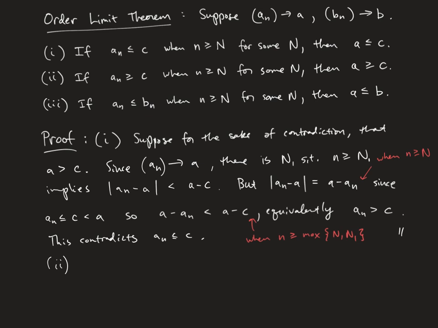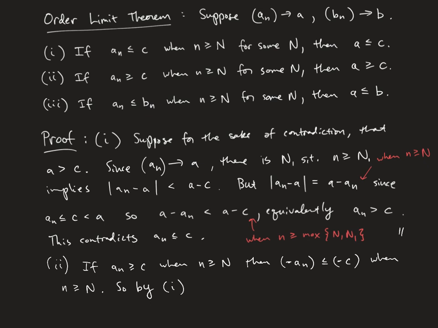If a_n is bigger than or equal to C when n is bigger than or equal to N, then the sequence negative a_n is less than or equal to the constant negative C when n is bigger than or equal to N. So by 1, we must have negative A less than or equal to negative C. We know from the algebraic limit theorem we just did that when you multiply the sequence by a constant, it just multiplies the limit by that constant.